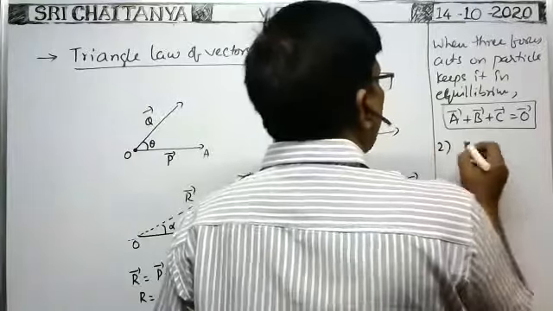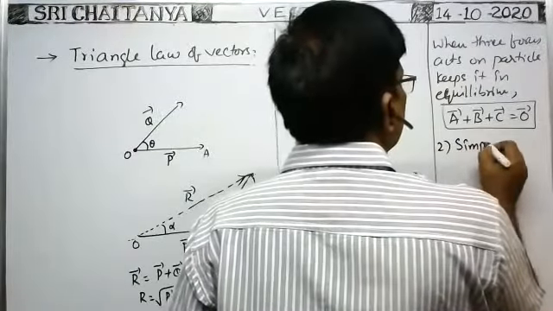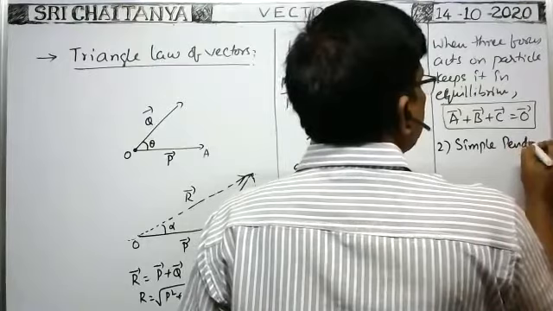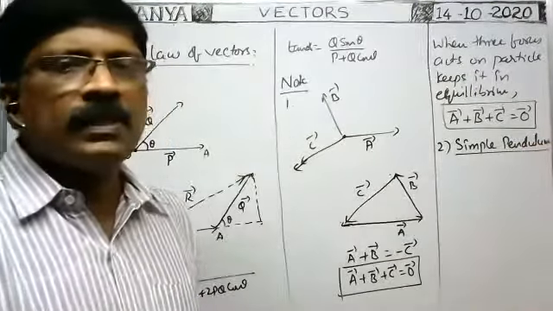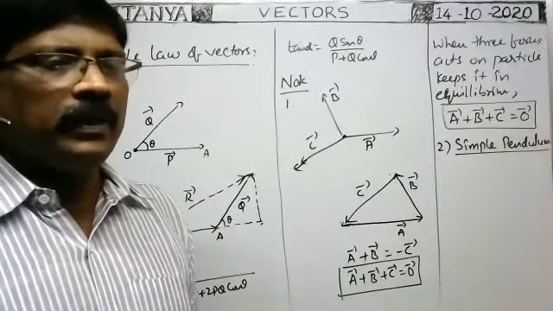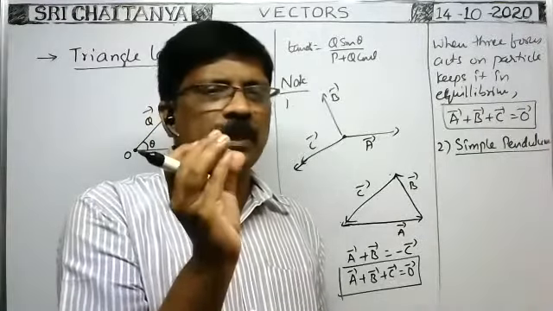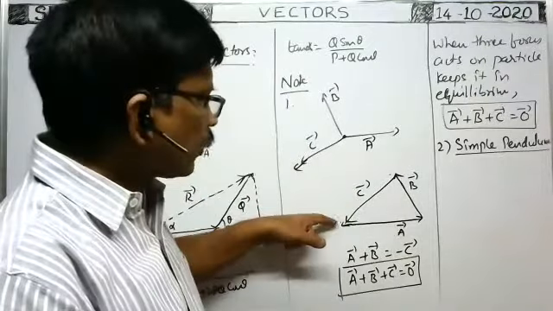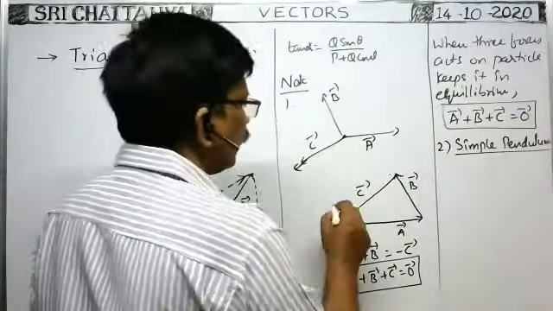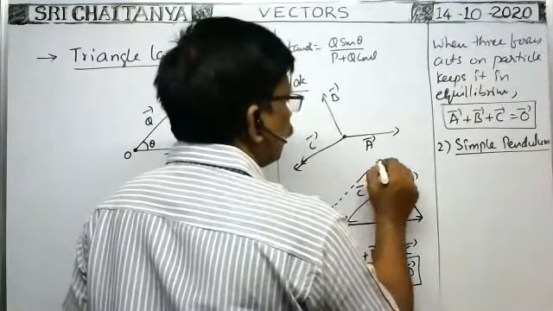Second one. Suppose there is a simple pendulum. Simple pendulum means, suppose you take a small sphere. C bar is in this direction. Reverse this C bar, in this direction it is equal to minus C bar.